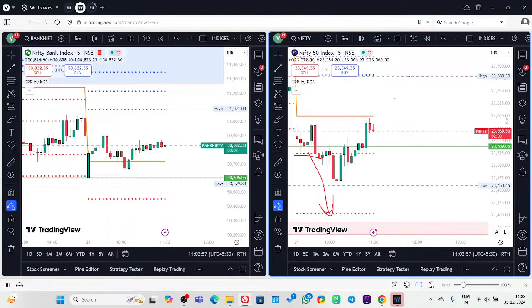For example, the stock is related to oil or something else. If there are any issues with that sector, what happens? Even though the strategies are good, the system is good, due to that particular day's impact they fall. And if you are scanning in that scanner and you went to that stock, you don't know what is actually happening with that stock, and you made some big investment in that stock. As a day trader, there will be a really big loss.